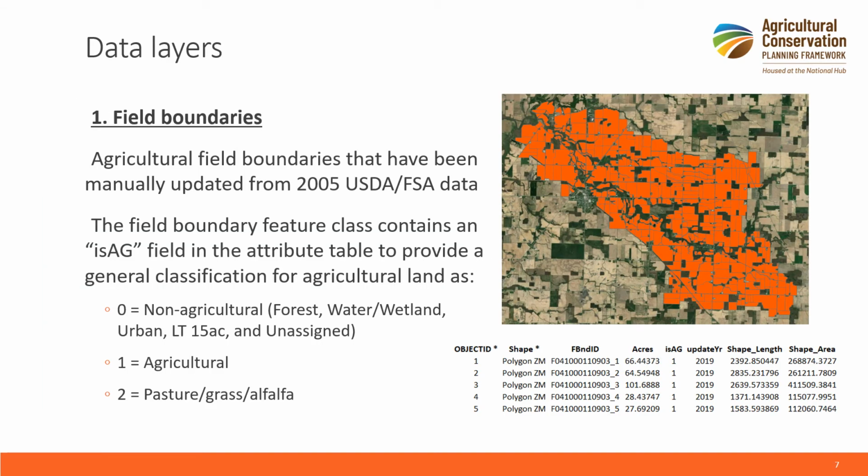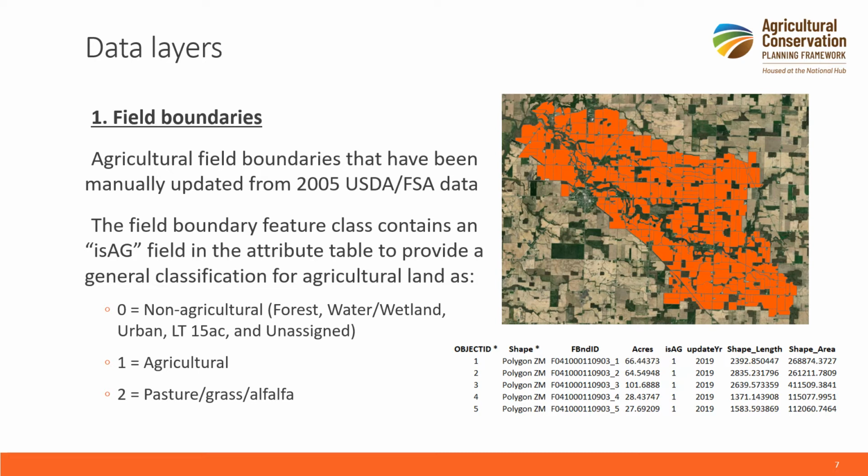The first data layer is the field boundaries data layer. Field boundaries are derived from an old USDA Farm Service Agency database. The old field boundaries are edited to reflect crop-specific boundaries for each field in the watershed. Programmatic data is also removed from the layer to fully protect landowner privacy.